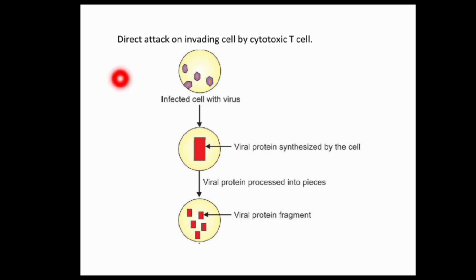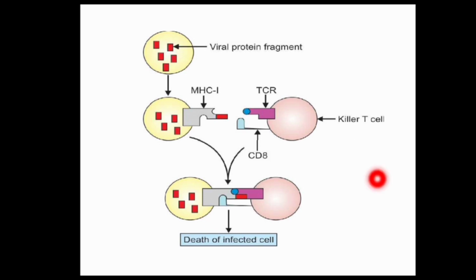Here you can clearly see the direct attack on an invading cell by cytotoxic T cells. This is the cell infected by the virus. In the cell, the viral protein is synthesized. The viral protein is processed into pieces, the viral protein fragments. The fragments are attached to the MHC1 complex, and the killer cell contains the T cell receptor.